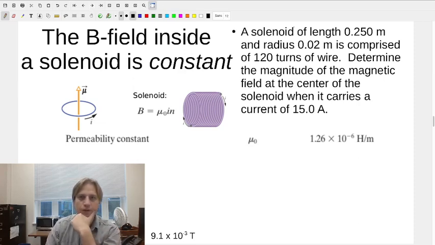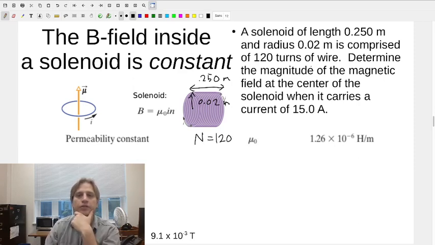A problem that we did in class was: a solenoid with a length of 0.250 meters and a radius of 0.2 meters, so this is the inner radius, is comprised of 120 turns of wire. Determine the magnitude of the magnetic field at the center of the solenoid when it carries a current of 15 amps.